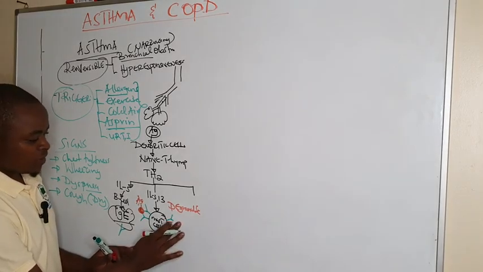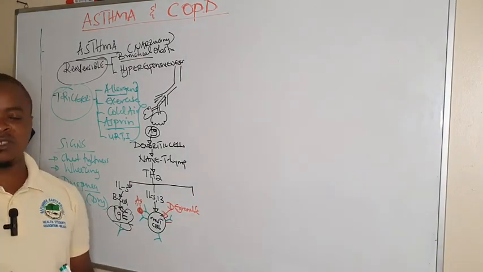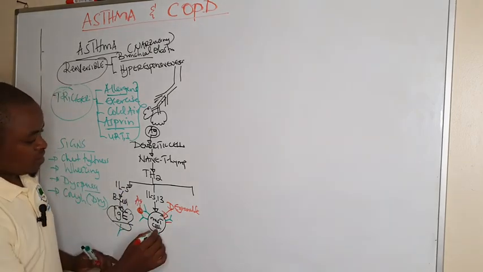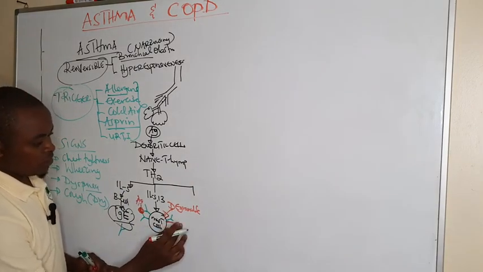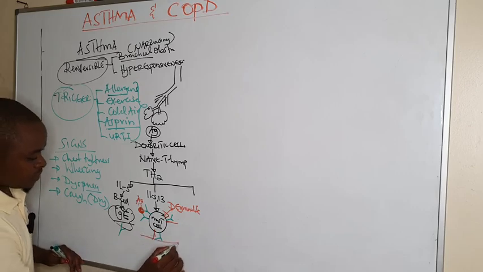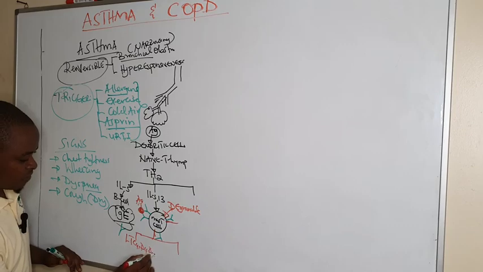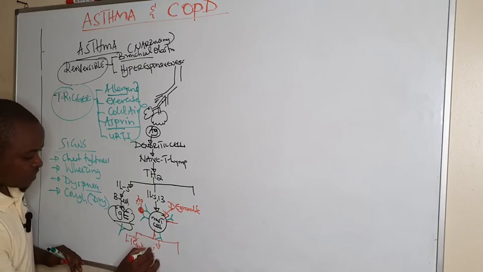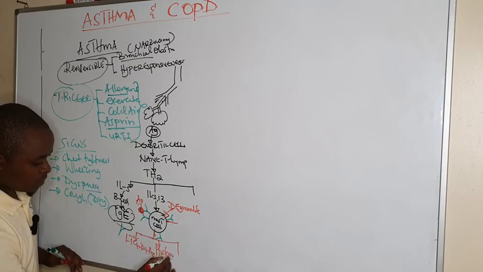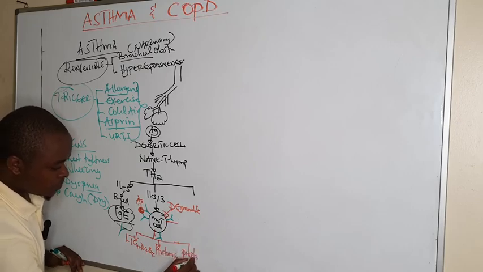Among the inflammatory mediators produced by degranulation of the mast cells in response to the allergen from the environment, we're going to see production of leukotrienes, for example, leukotriene C4, D4, and B4. Then we shall see production of histamines, and then prostaglandins, especially prostaglandin D2.